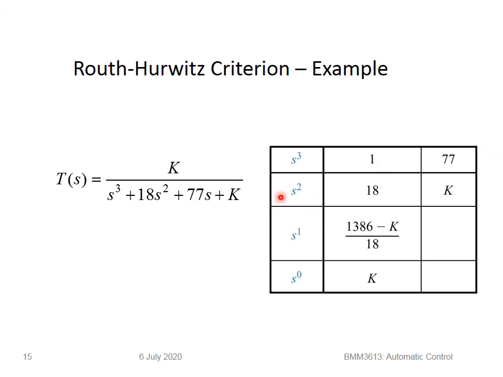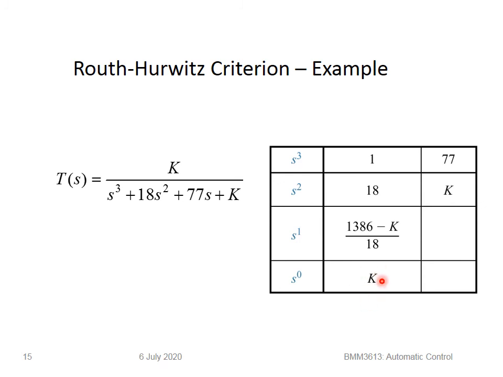The coefficients of S3 are 1, and skipping one, 77, so it's 1, 77. For S2 the coefficient is 18, and then skipping one, the coefficient is K: 18 and K.